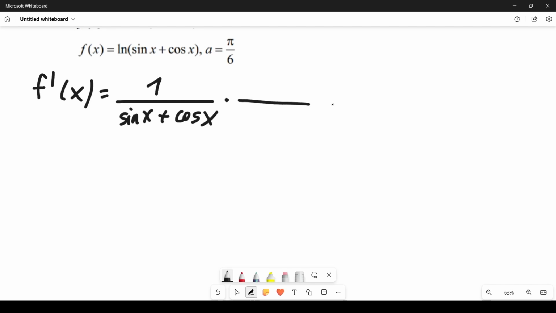So we can write cosine of x, and the derivative of cosine x is going to be minus sine x. And that's all, I think. Yes, that must be all.